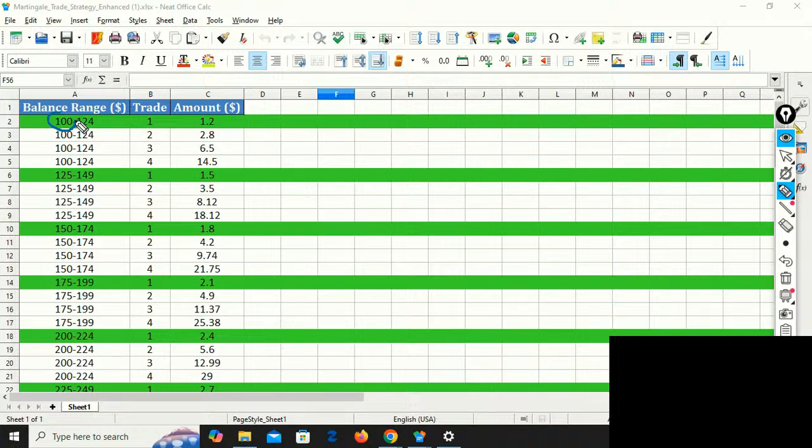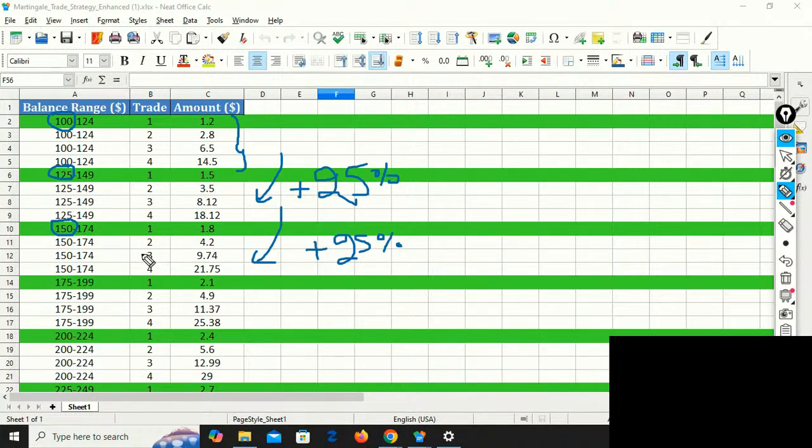So if your starting balance is 100, once you reach 125, you increase those amounts by 25%. And once you reach a balance of 150, so you also added 25 bucks to your balance, you add 25% to your trading amount.